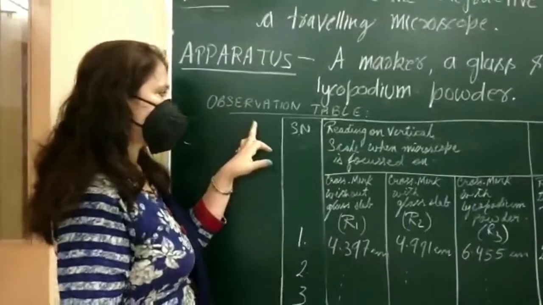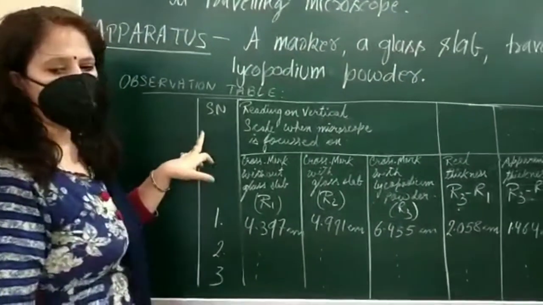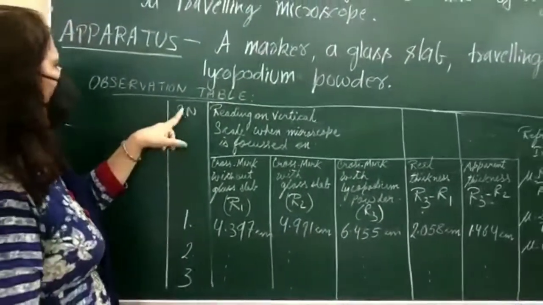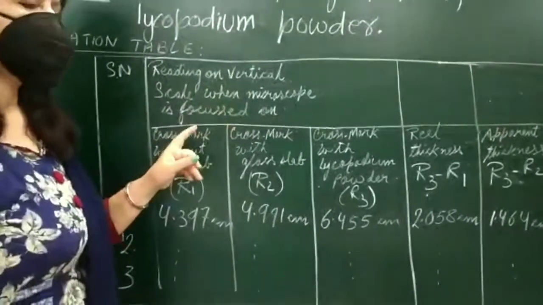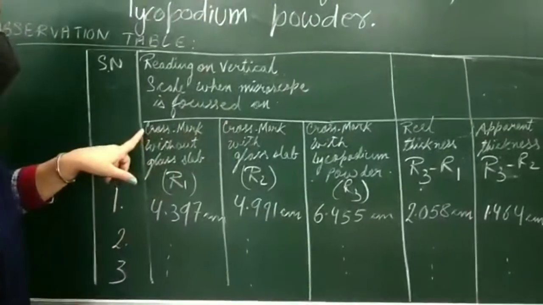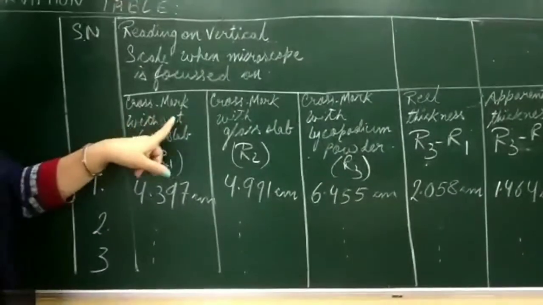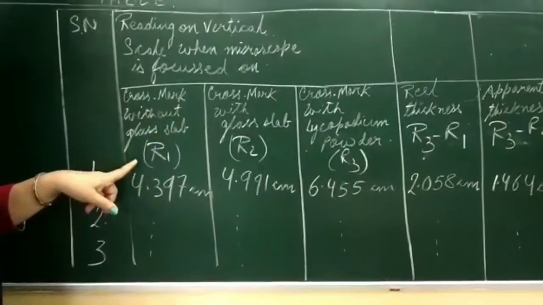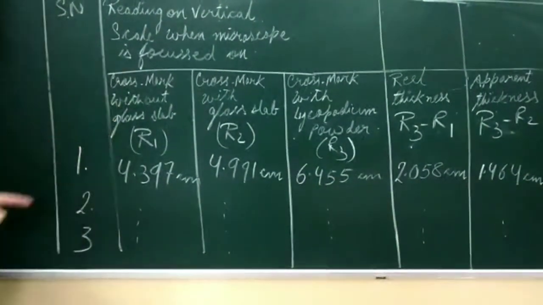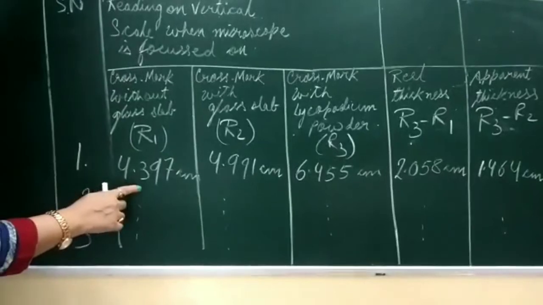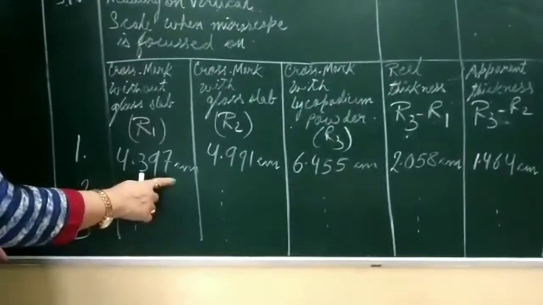Now we can write the observation table from the readings we have taken just now. First, the serial number and the reading on the vertical scale when the microscope is focused on the cross mark without the glass slab. We put a cross mark and took the reading: R1 equals 4.397 centimeter.